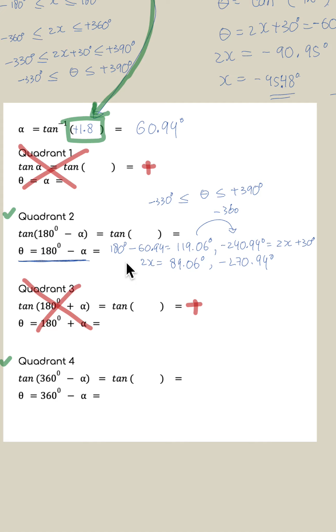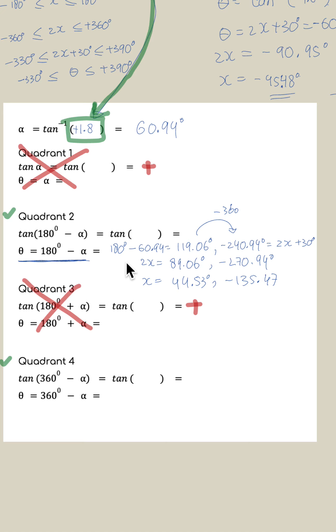No, not yet. It's still 2x. How to find the x value? We simply divide by 2. So this 270.94, if you divide by 2, you're going to get negative 135.47. How about the other angle, 89.06? If you divide by 2, you're going to get 44.53 degree.